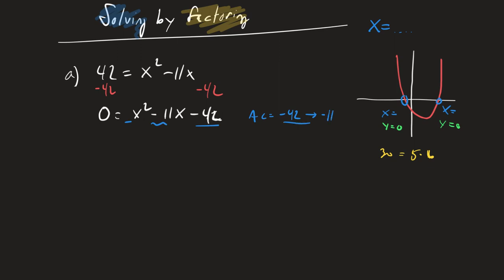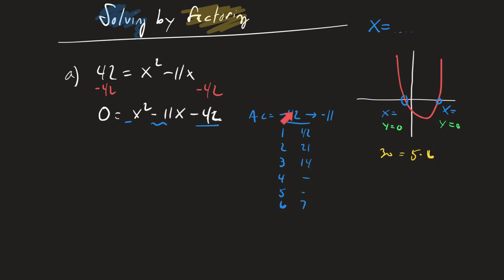So what are factors of 42? 1 and 42, 2 and 21, 3 and 14. 4 does not go into 42, 5 does not go into 42, 6 goes into 42 7 times. So there's all the factors of 42. And I know I'm done because after 6 and 7, there's the 7 already.